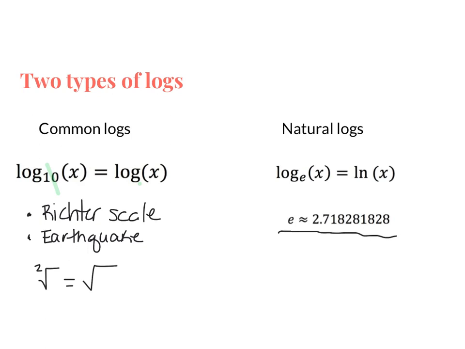And anytime we see natural log, we know that that is going to be base e. These buttons are on your graphing calculator, and we'll refer to those in the Zoom meeting today in terms of where you can find those. If you do not have a graphing calculator, if you turn your cell phone sideways, you should see both a log base 10 and a natural log button on your calculator.